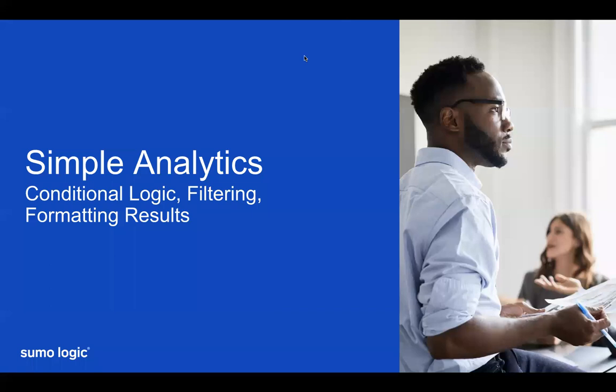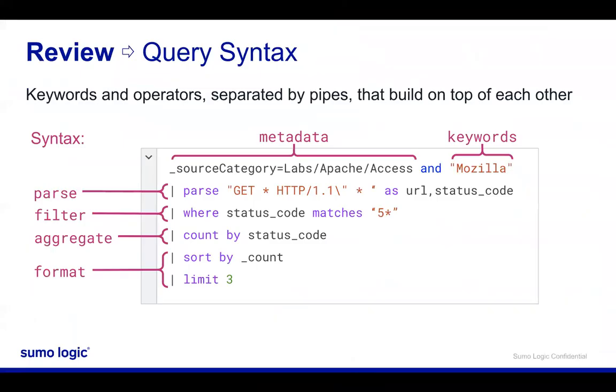Simple analytics. Again, hopefully this is a review for you. This is what the syntax of a query looks like. It's a bunch of keywords and operators separated by a pipe. In this particular query, I'm looking for source category Lab Apache Access and the word Mozilla. Those messages, let's say you pulled 10,000 messages, get passed on to the next operator.